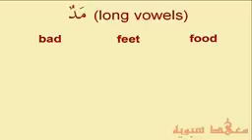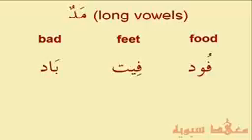Now if I transliterate this into Arabic, I get the following. So we have bad, feet, and food. In the first example, bad, it's the A sound that's being elongated. And that's denoted by this fatha here, which has the A sound, followed by the alif.